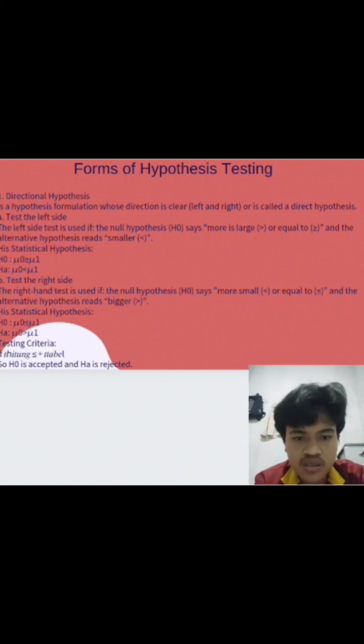B. Test the right side. The right side test is used if the null hypothesis states smaller than or equal and the alternative hypothesis states bigger. The test criteria: the number is accepted or rejected.